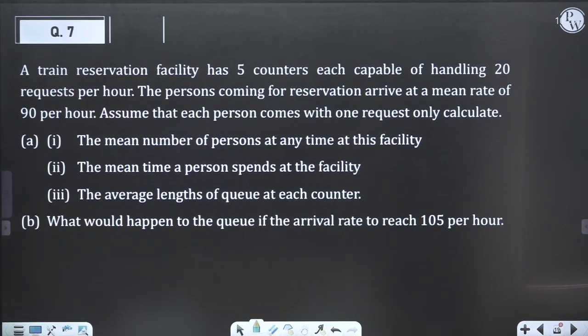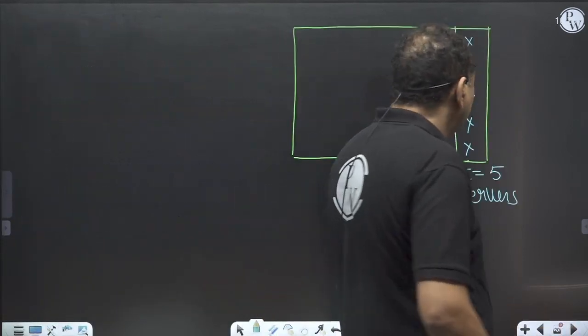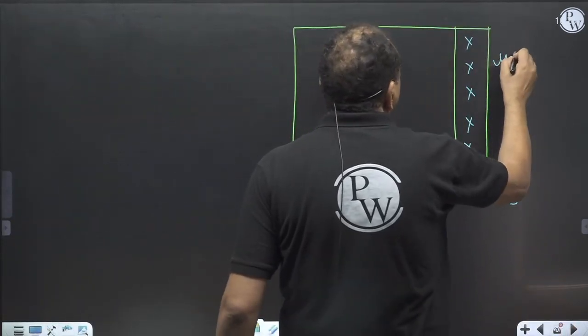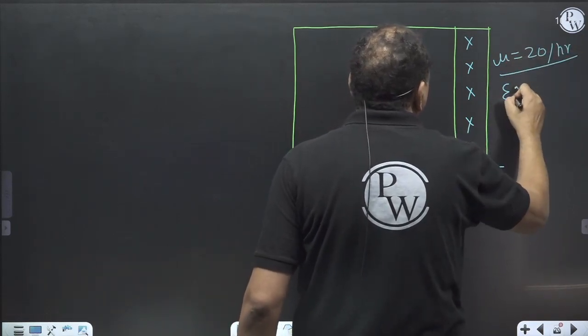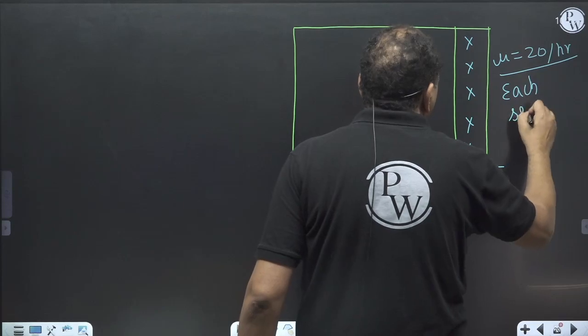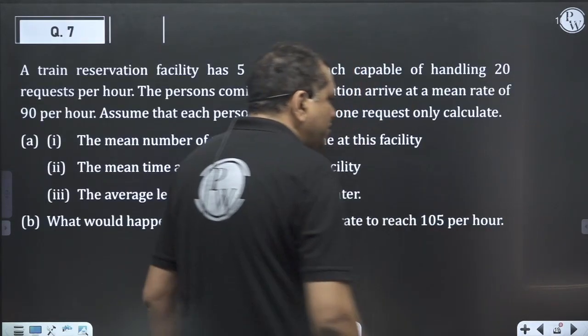A train reservation facility has 5 counters, each capable of handling 20 requests per hour. Mu is 20 per hour. It is related to each server.